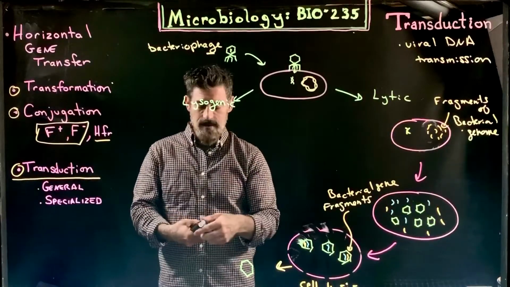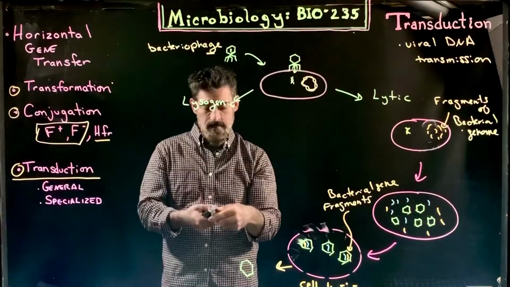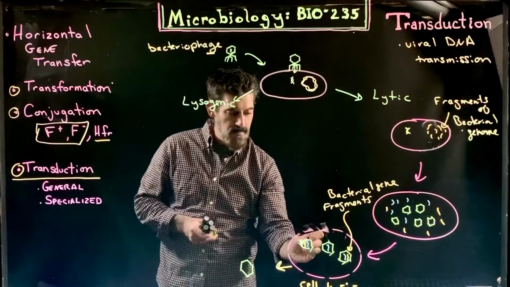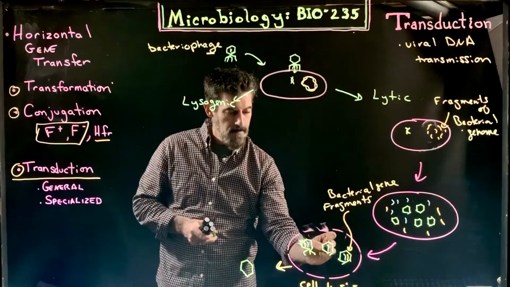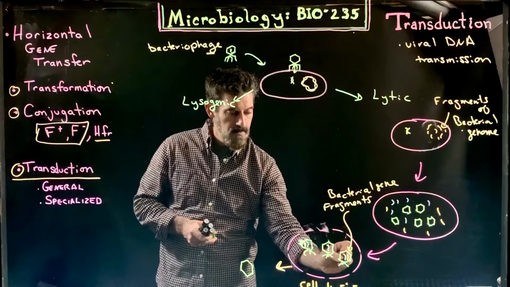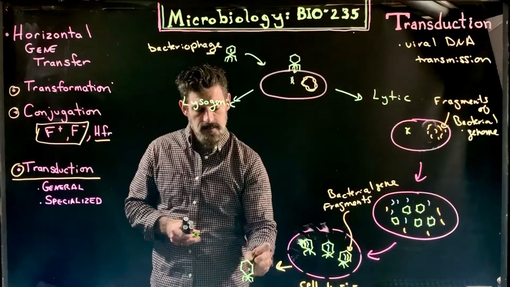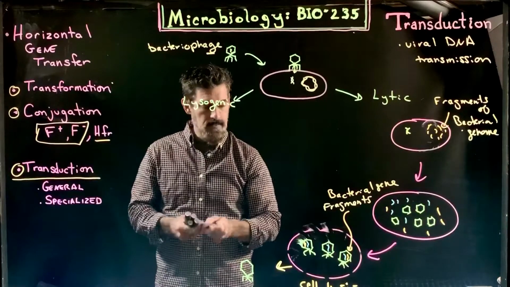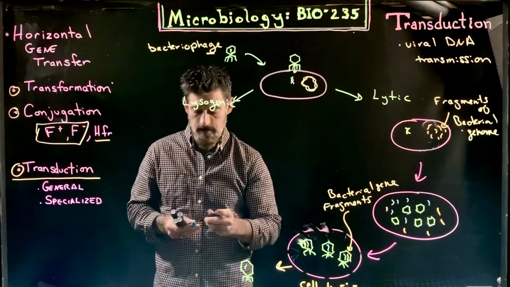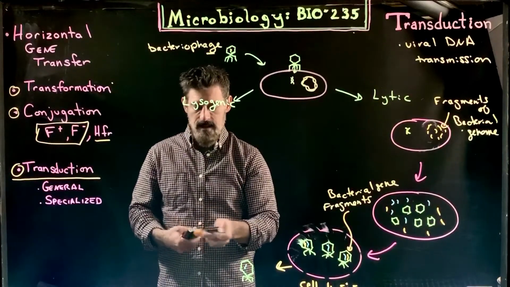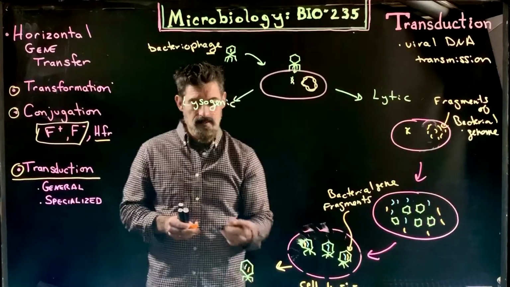And in some of these viral particles, if they're a bacteriophage, they'll have all the complex viral structures that they need to have, the tail pins and everything else. But they're going to have their own genome, and then they're going to have DNA from a bacteria.